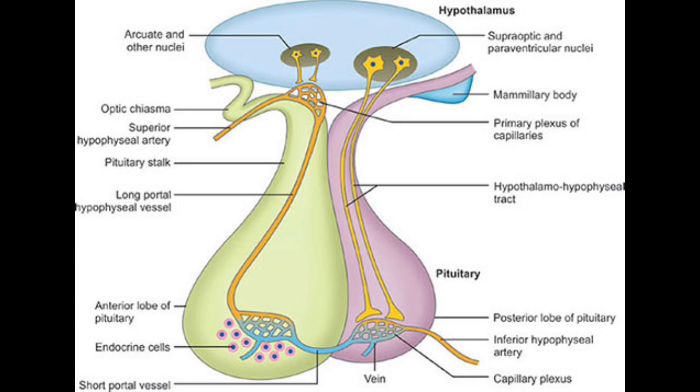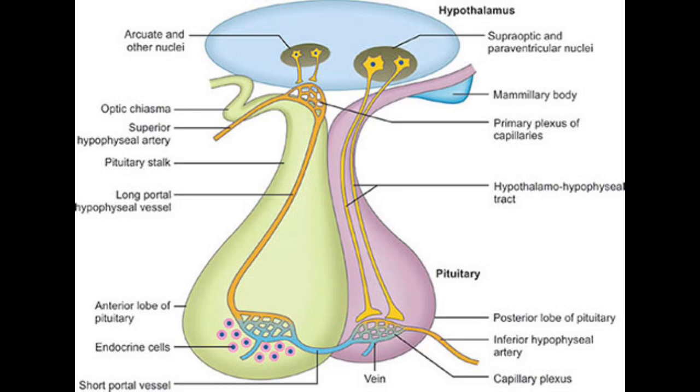But in the anterior pituitary gland, the hormones are not formed in the hypothalamus. They are formed in the anterior pituitary gland, but the signals of releasing hormones come from the hypothalamus. That is the difference. For the anterior pituitary gland, the hypothalamus releases a releasing signal from its nuclei and sends it through the blood vessels to the cells in the anterior pituitary gland to secrete the main hormone.